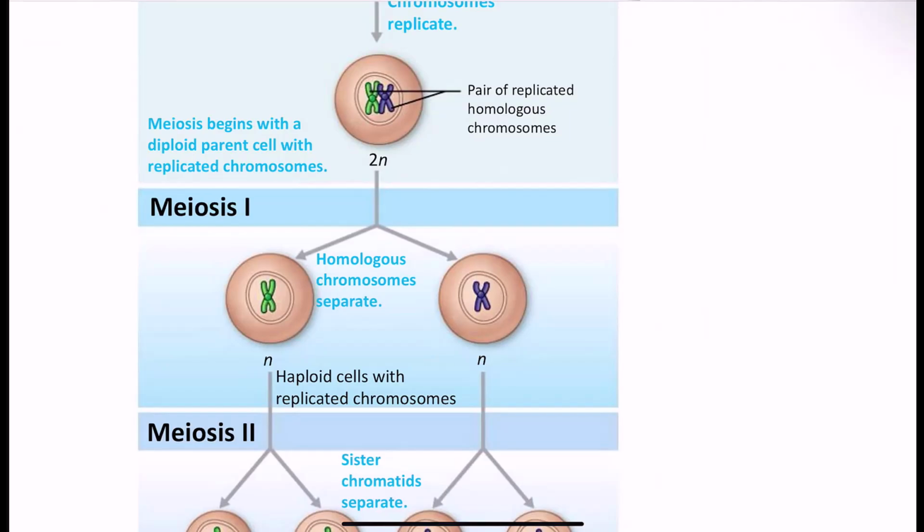That word haploid is important. Because we reduce the number of chromosomes between interphase and meiosis 1, this is usually called a reduction division, meaning that we're reducing the total number of chromosomes from 2N, 2 copies, to N, 1 copy.